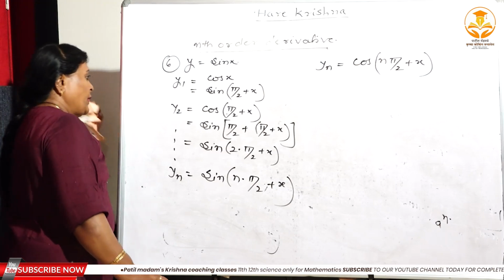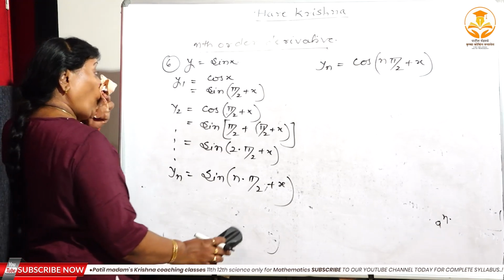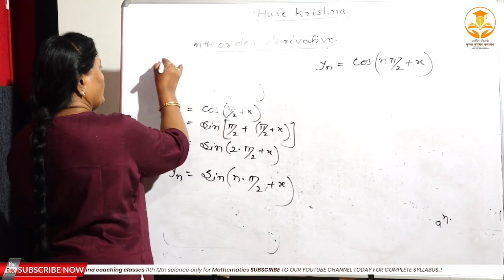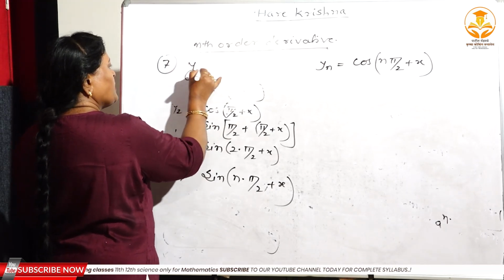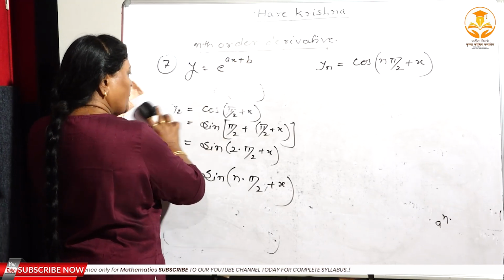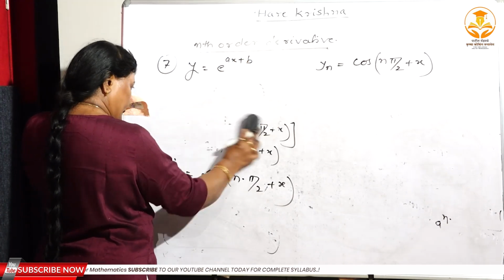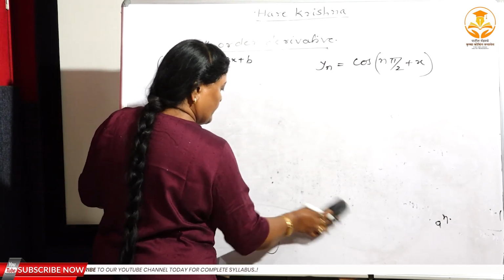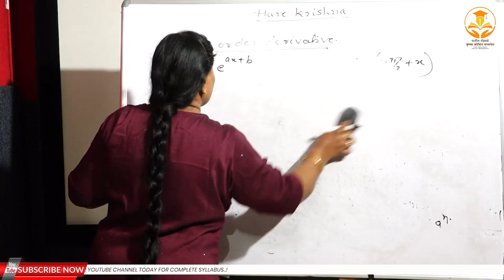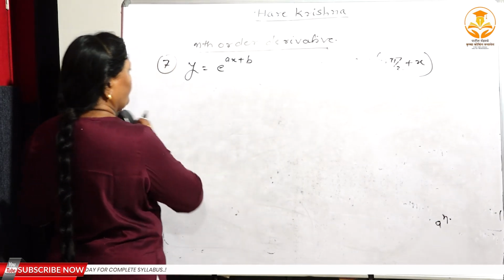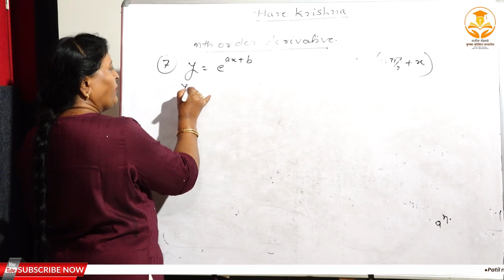So I will take the seventh one. Seventh, y is equal to e raised to ax plus b. Again very simple. Again y1.